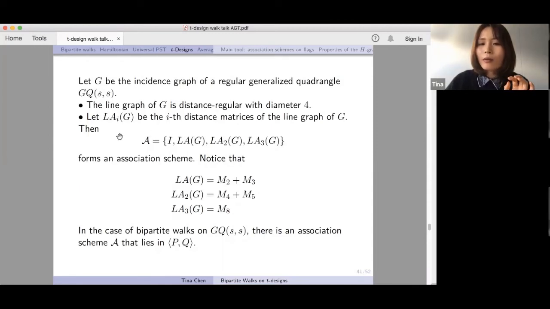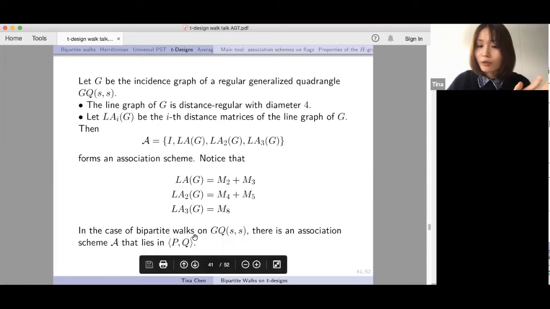So if A_i is the i-th distance matrix of the line graph of the incidence graph of GQ(s,s), then this set forms an association scheme, and each of these i-th distance matrices can be written as a sum of the basis matrices of the algebra defined before. In this case, for the bipartite walk on GQ(s,s), there is an association scheme A that lies in the algebra generated by P and Q.